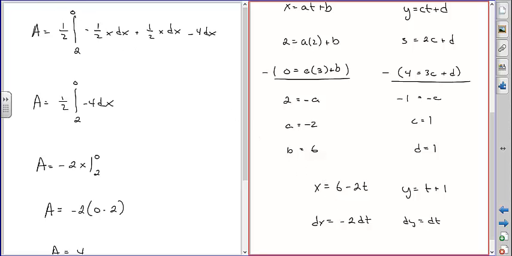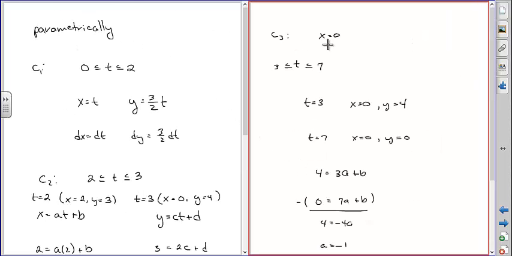And then you've got the last one, which is x equals 0. And we're just continuing on, starting with t equals 3 to t equals 7. And these are the 2 points. So t equals 3, x equals 0, y equals 4. T equals 7, x equals 0, y equals 0. And you plug those in to find a, b, c, and d.